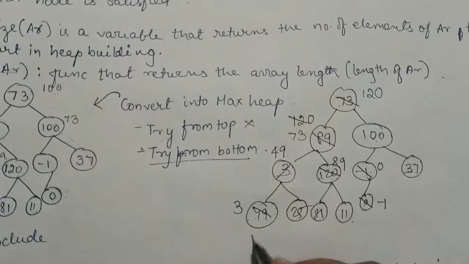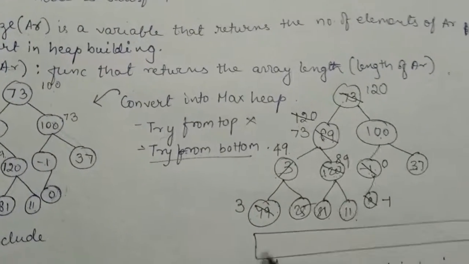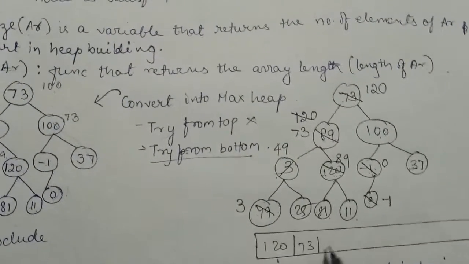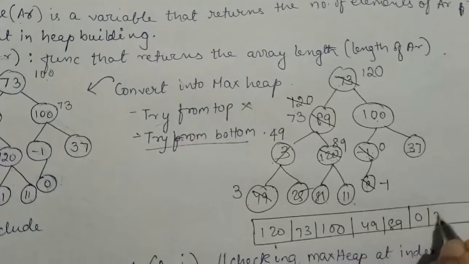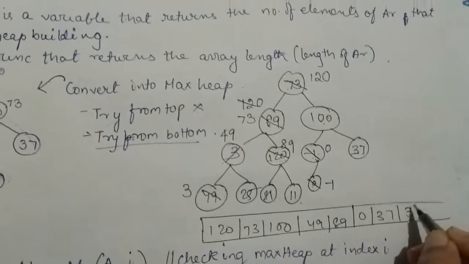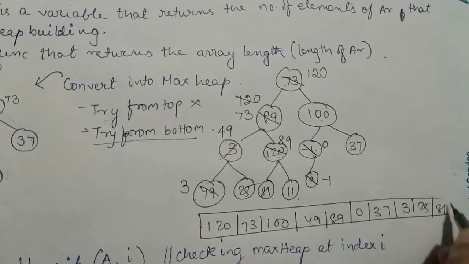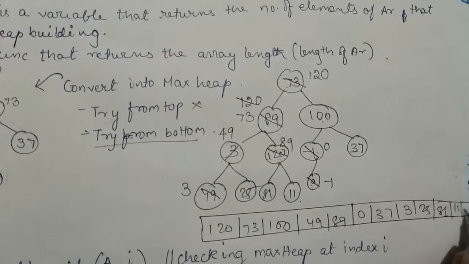So my final array must look like 120, 73, 100, 49, 89, 0, 37, 3, 25, 81, 11, minus 1.